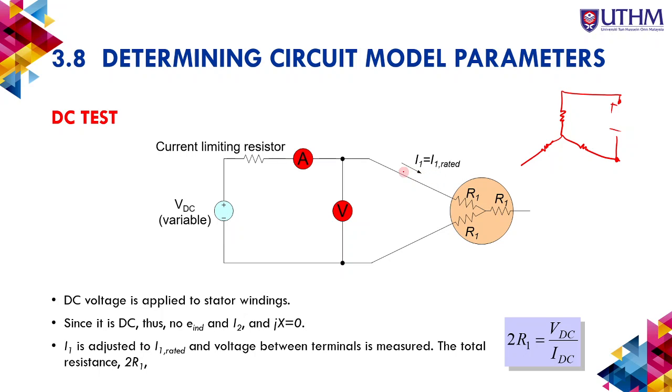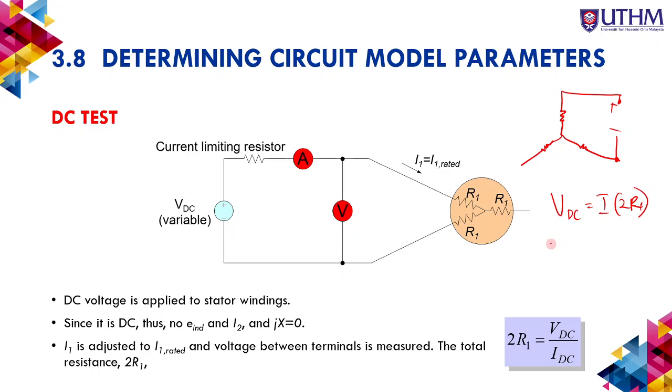So we make sure that the I flow is at rated. Since there are two lines in series, the DC voltage is actually measured across two resistors, I times 2R. So now we can measure the R.